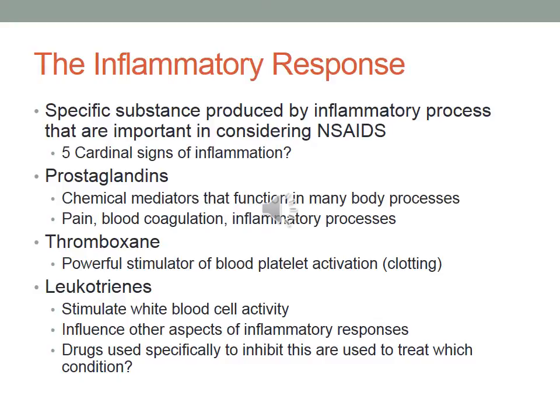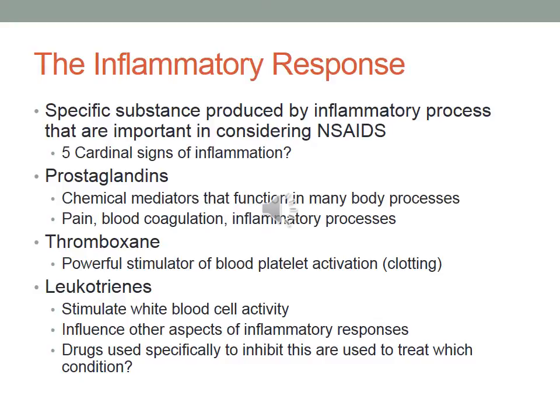Some of the specific chemicals that we're going to look at, your prostaglandins, they're basically chemical mediators that work in a lot of different body processes, and some of those are listed on here. Your thromboxane functions with blood clotting, so it stimulates the activation of platelets, and your leukotrienes stimulate white blood cell activity.